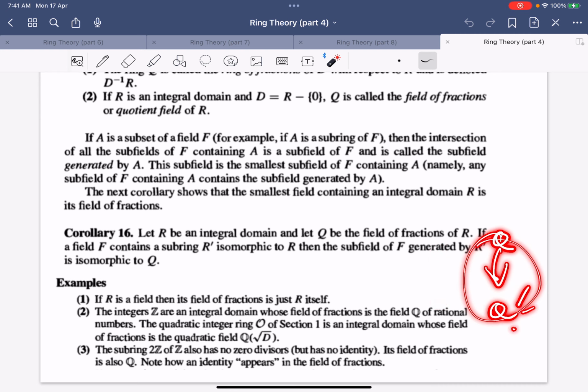So this Q prime lies within F, and similarly this Q lies within F. So you're done.